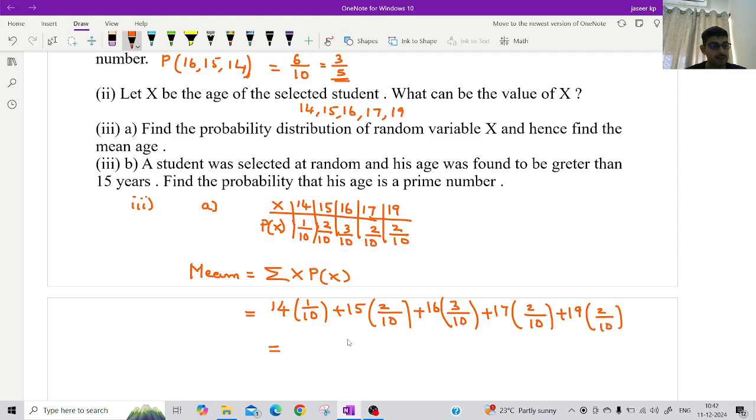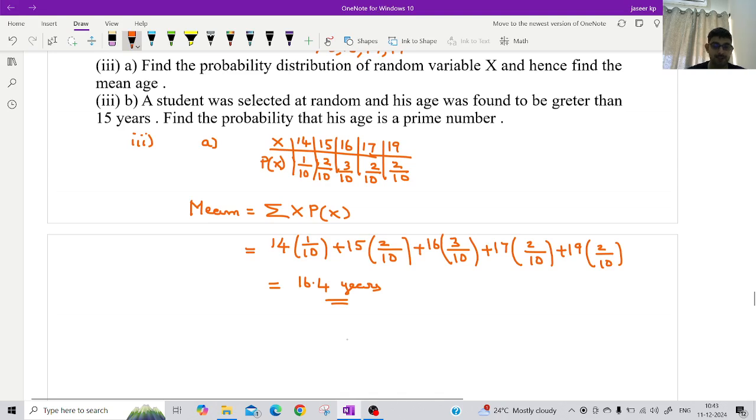On simplification it comes to 16.4. So 16.4 years is the mean age here. That is the A part, the probability distribution.